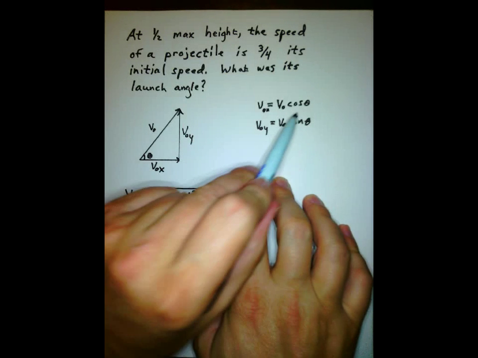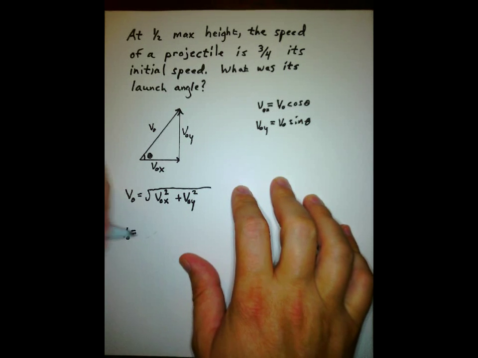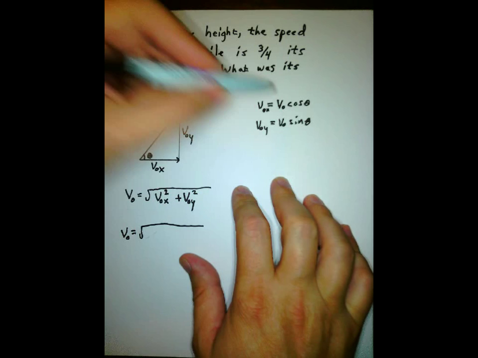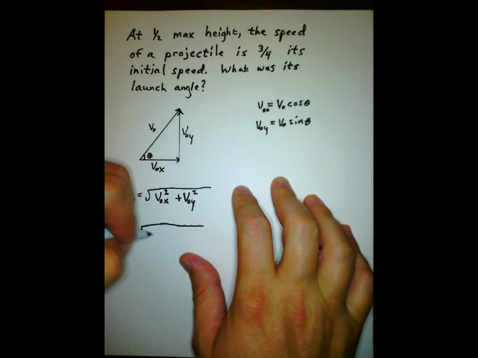Now let's substitute these in here. If we do a substitution, we're going to have v naught equals the square root of, for v naught x, we substitute v naught cosine theta.